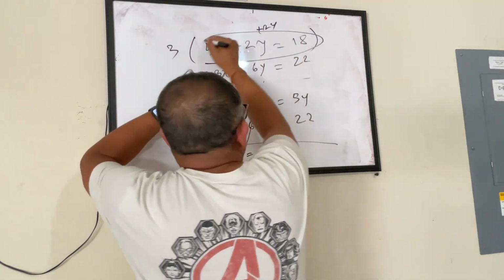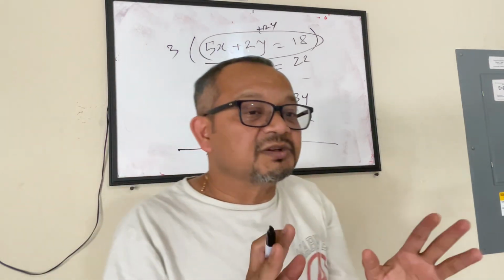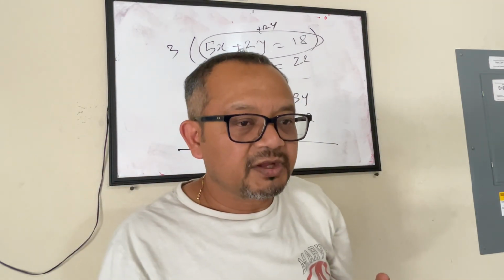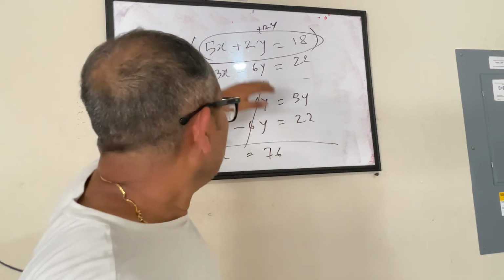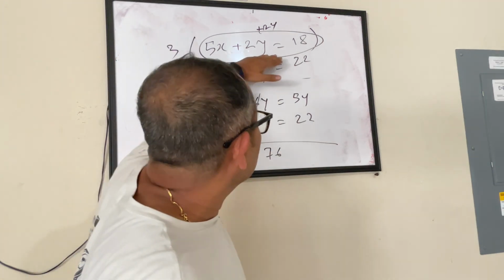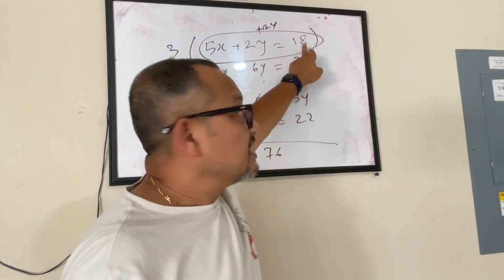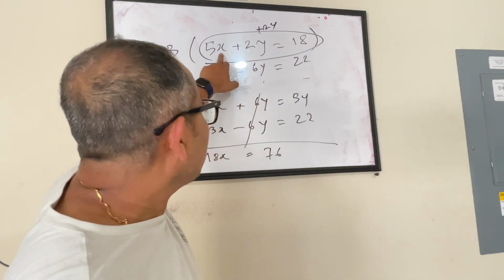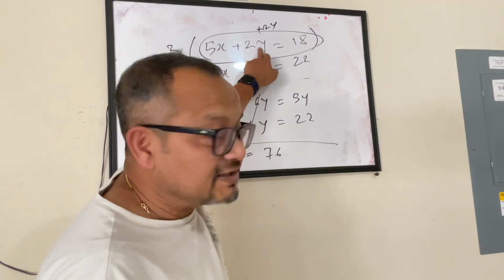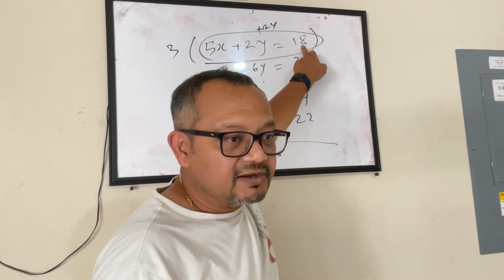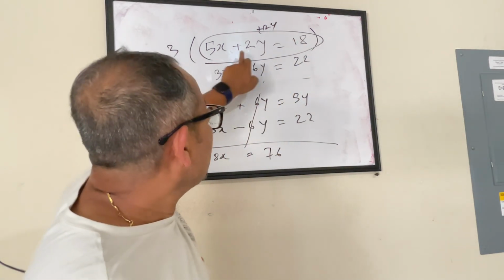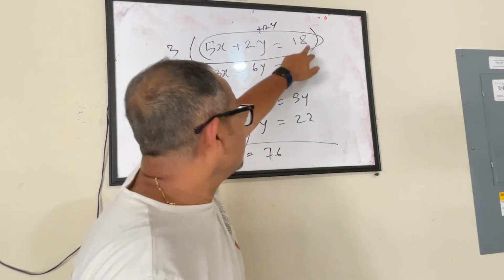See, when you look at an equation, this is nothing but a relationship between x and y. This says that this is the contract we have between x and y, which gives me this value. If I increase the value of x, the value of y will decrease, so that in total I get 18. If I decrease the value of x, the value of y will increase to get this final value.